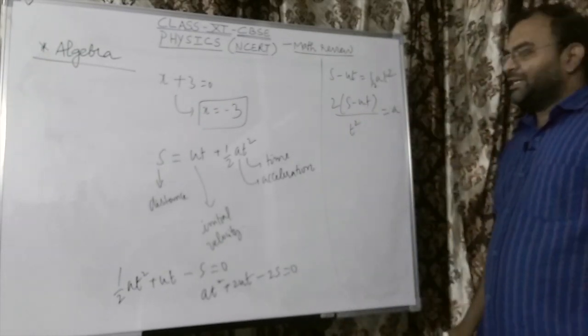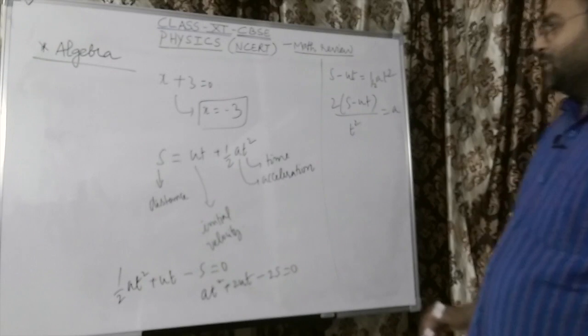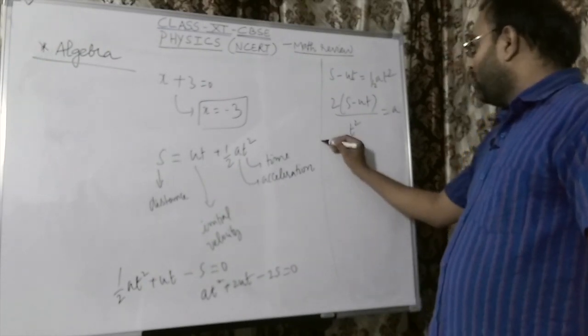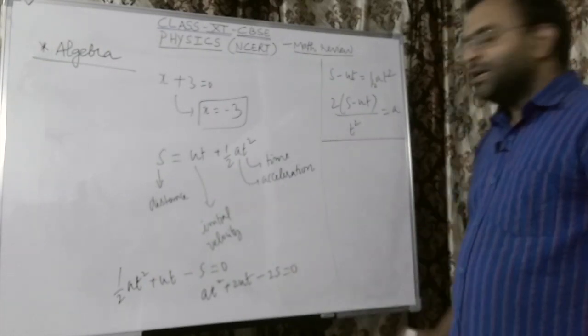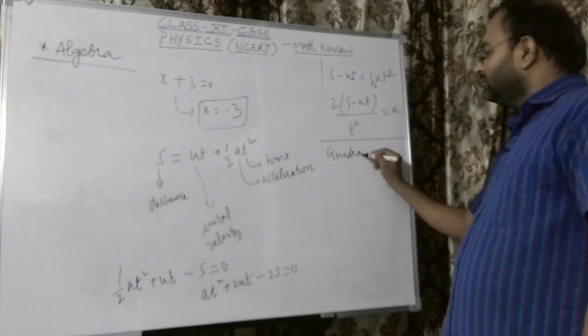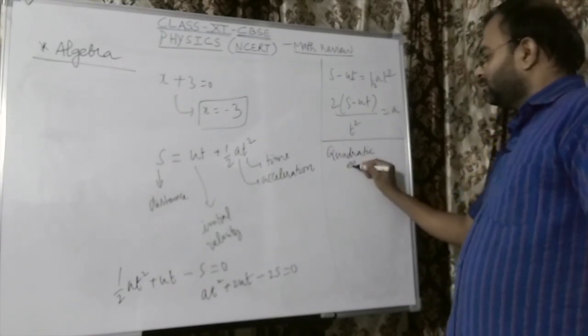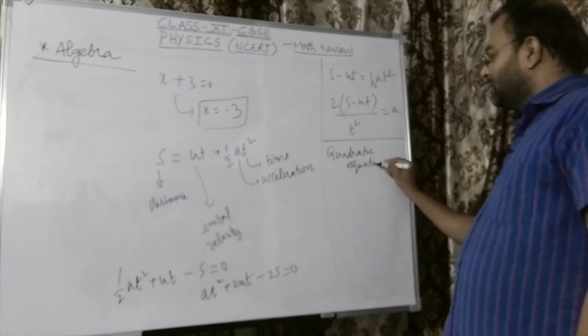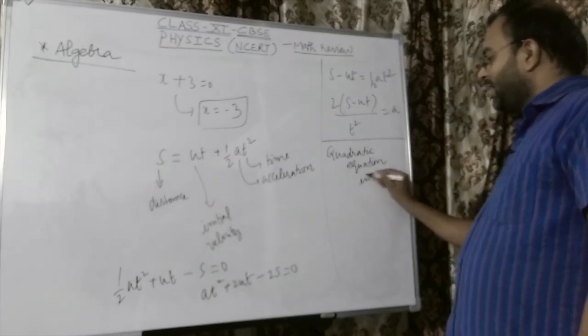Now, the solution of such an equation is not so simple. You have to use what is called the quadratic formula, because this equation is a quadratic equation in t.